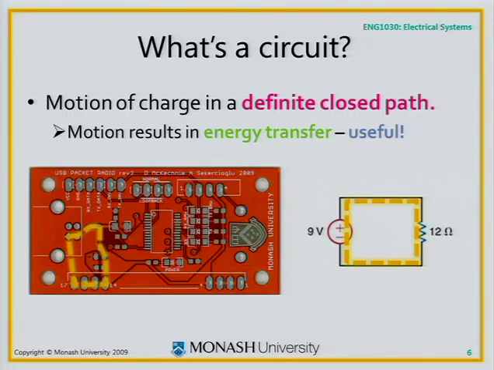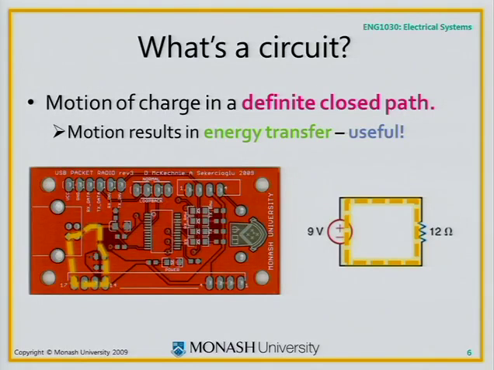So what's an electrical circuit? Well, it's an interconnection of electrical components through which charge flows. Nothing more than that. Some interconnection of different components, maybe a battery, a resistor, something else. Charge is the thing that flows around the circuit in different ways.